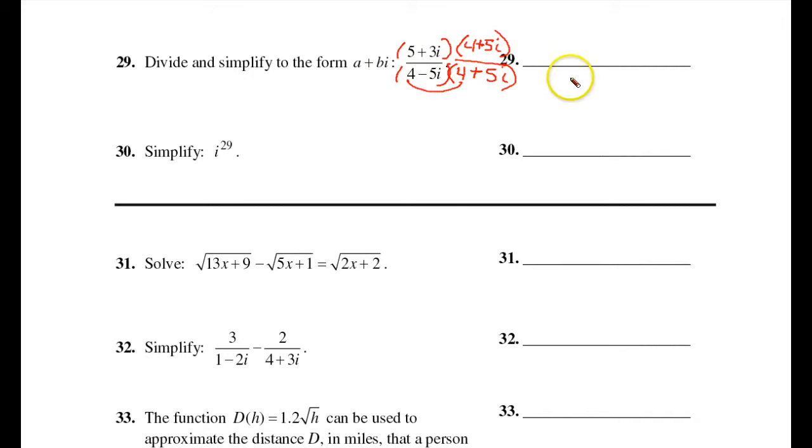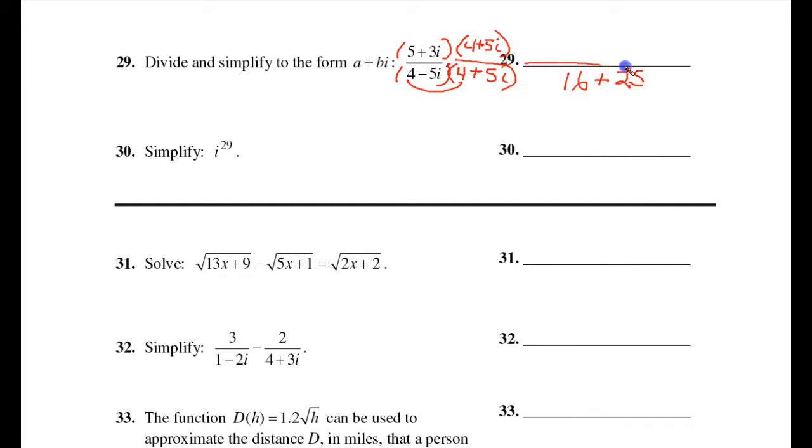No middle terms, so we end up with 16, and this is going to be a negative 25i squared. But what did we say i squared was? A negative 1. So this is going to become a positive 25. So in a sense, we have converted our denominator from an imaginary number to a real number.